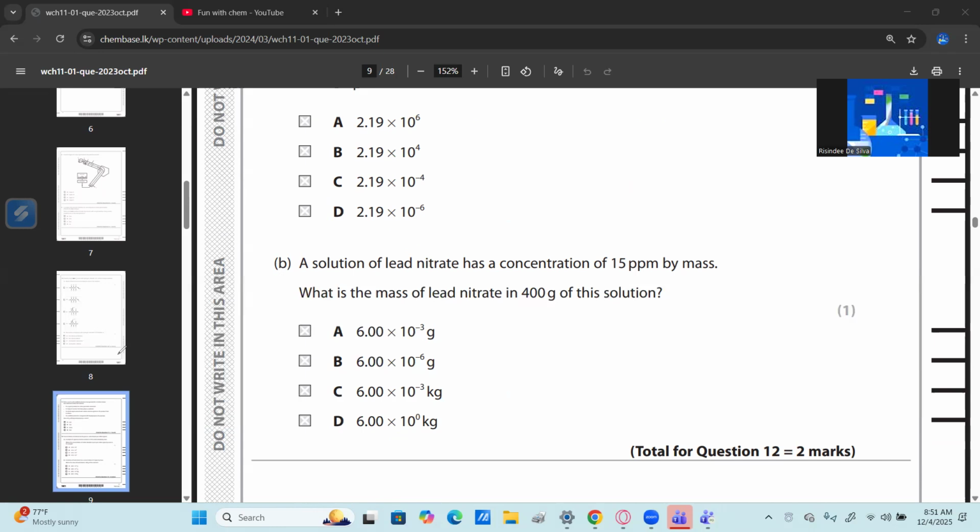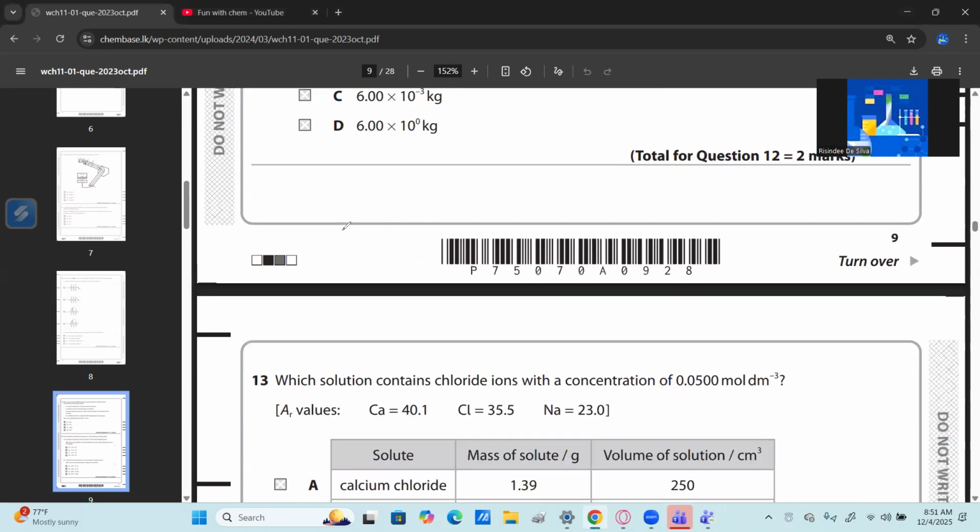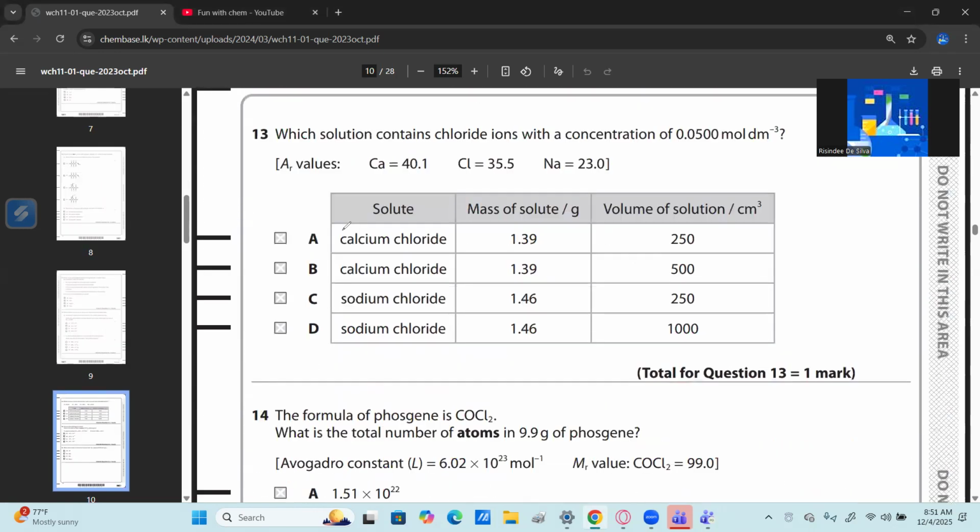Then we'll go to the next one. Which solution contains chloride ions with a concentration of 0.05? So first we need to find the moles of the solute. 1.39 divided by 40.1 plus 71, 111.1.